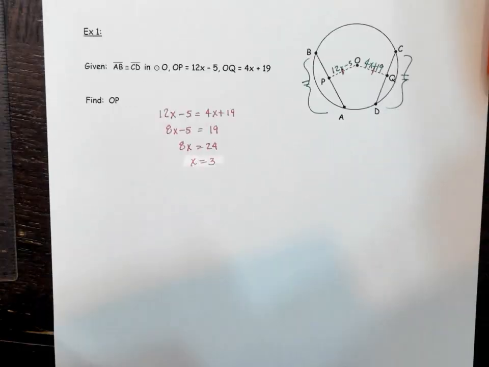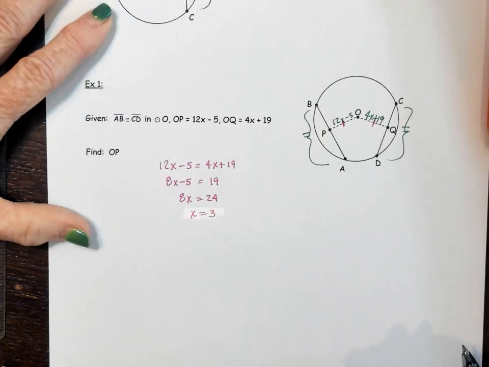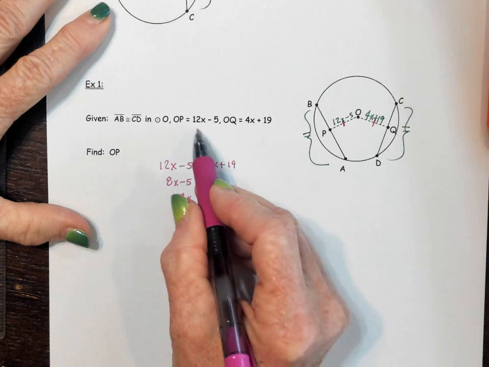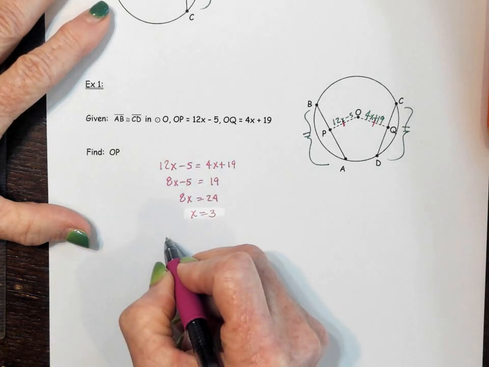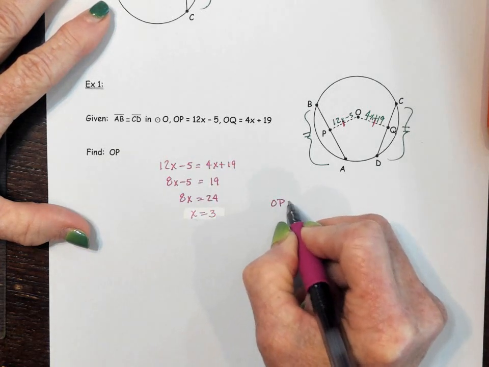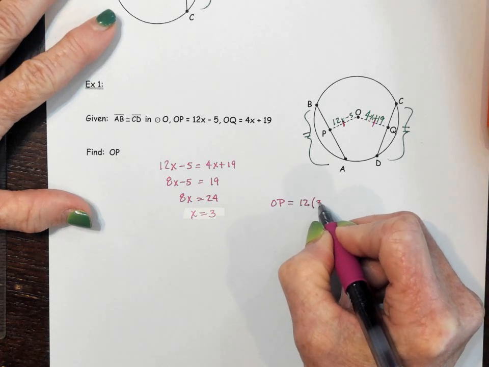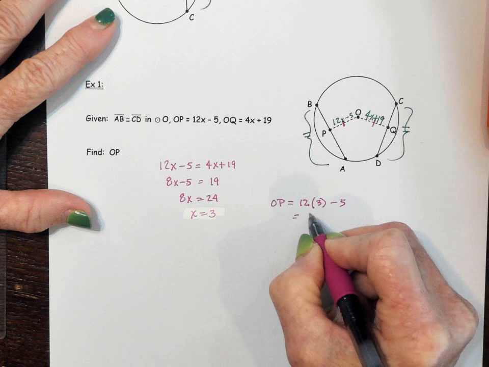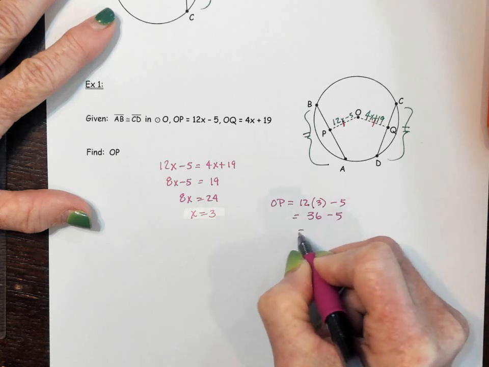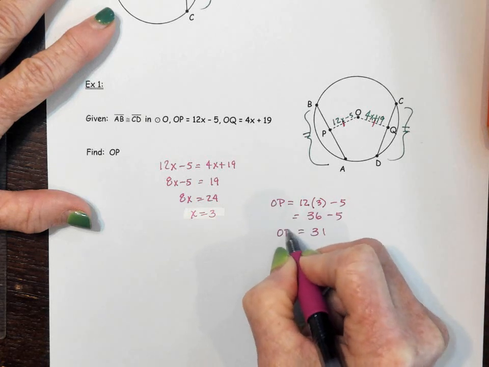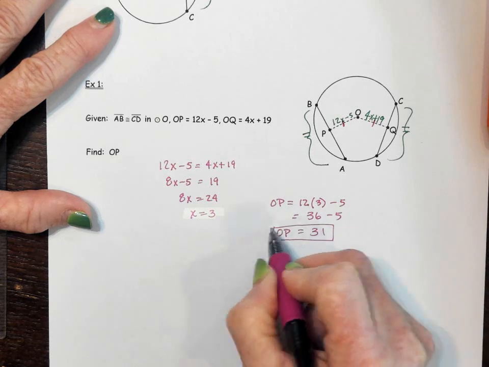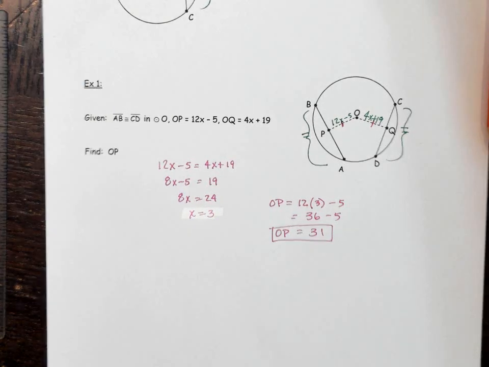Problem did not ask us to find what x was, though. Problem asked us to find OP. So we're going to substitute right back in. OP is 12 times x, which is 3, minus 5. 36 minus 5 is 31. So OP is 31. All right?